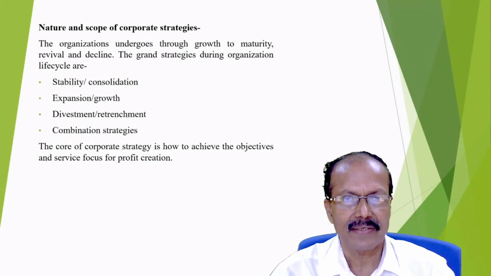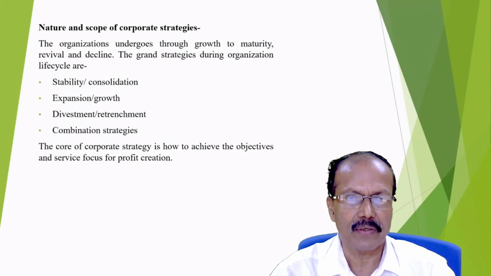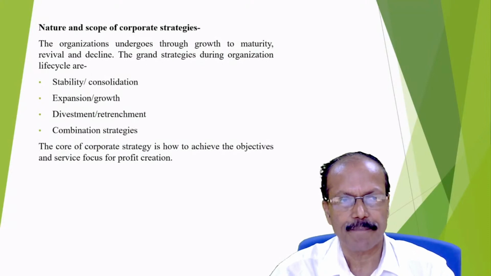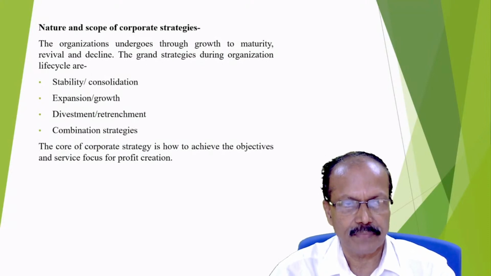The organization also goes through different stages, which is termed the organizational life cycle. The stability and consolidation, the process of expansion and growth, then the process of divestment or retrenchment, and also an approach that is termed a combination of the above.